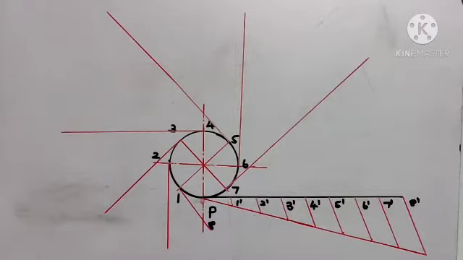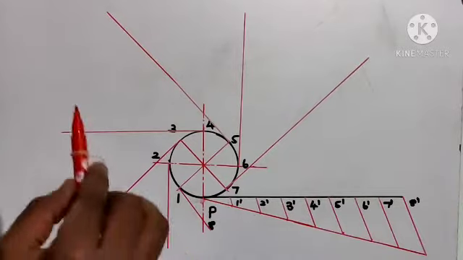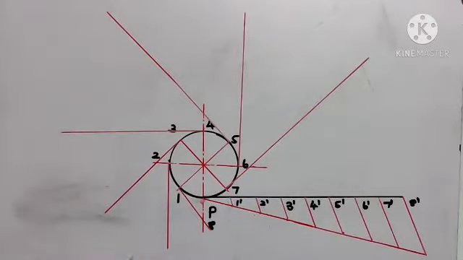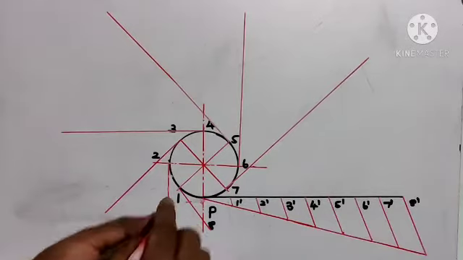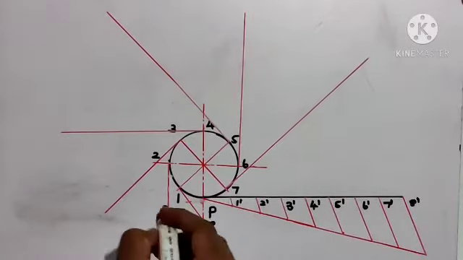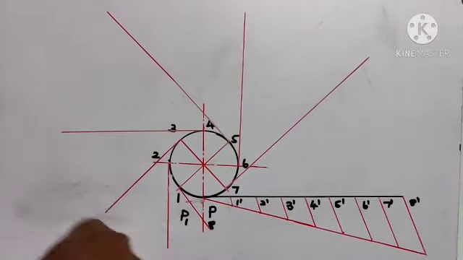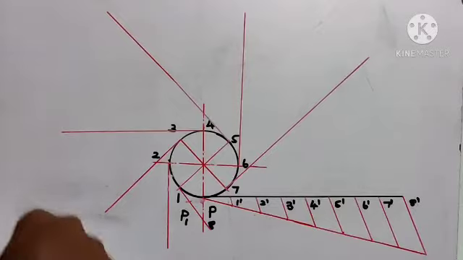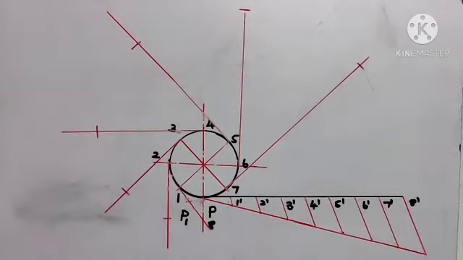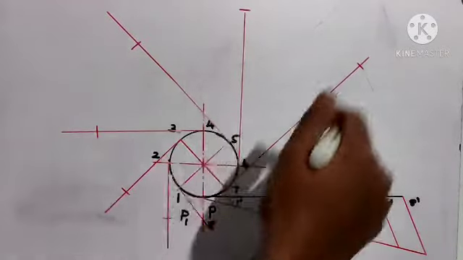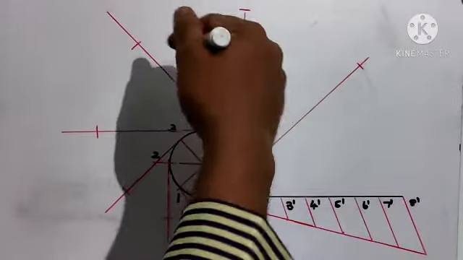With the distance P to 1 dash as the radius and 1 as the center, you mark an arc on the tangent passing through point 1. I have done something like this. Then you need to name this point capital P1. Similarly, you need to repeat this process for all the other points. You will get arcs something like this on the tangents from all the points.